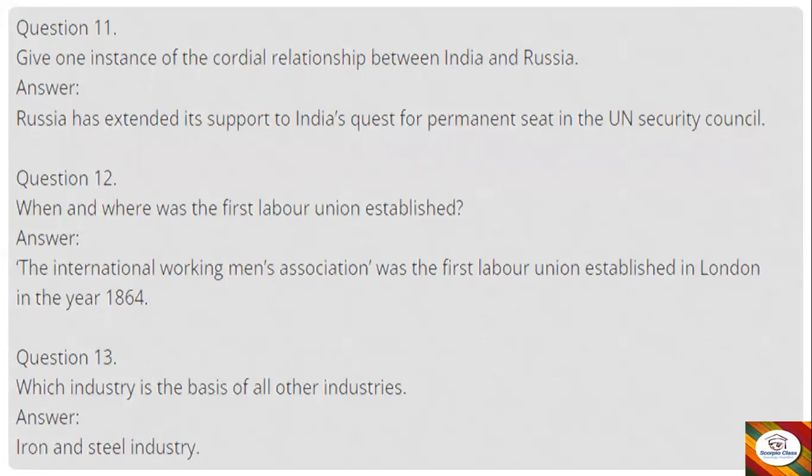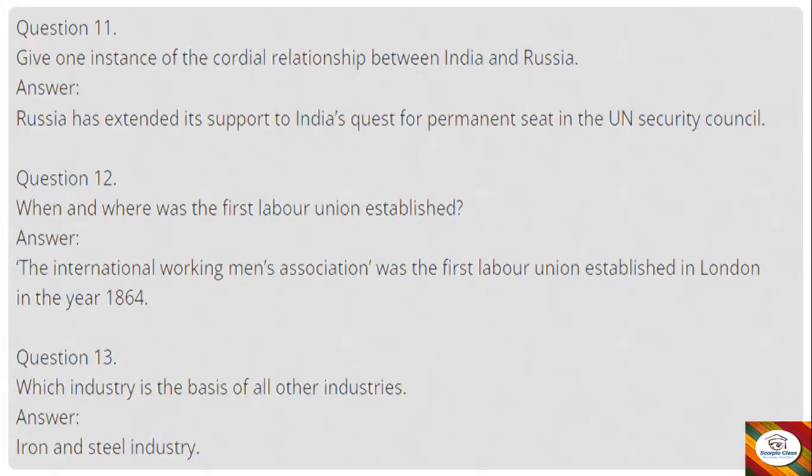Russia has extended its support to India's quest for a permanent seat in the UN Security Council. Next, question 12. When and where was the first labor union established? Answer. The International Working Men's Association was the first labor union, established in London in the year 1864.